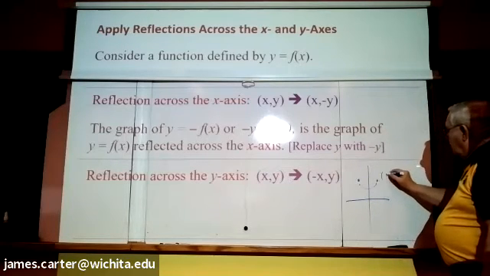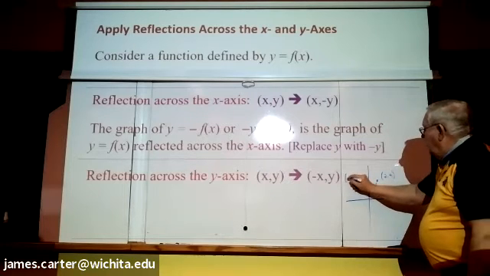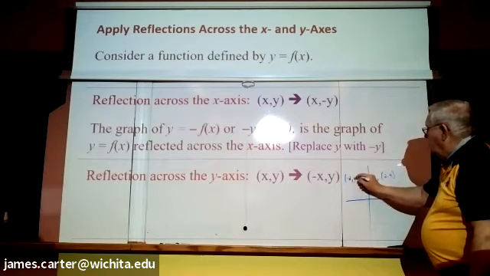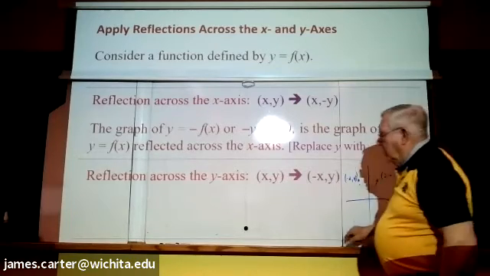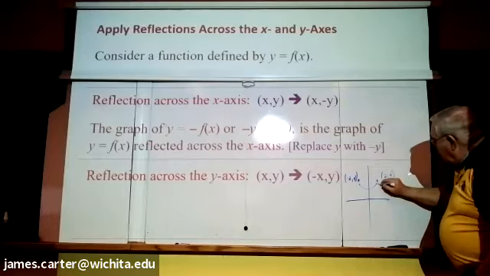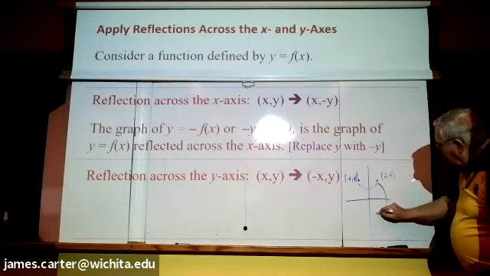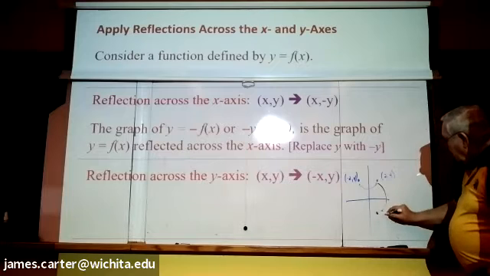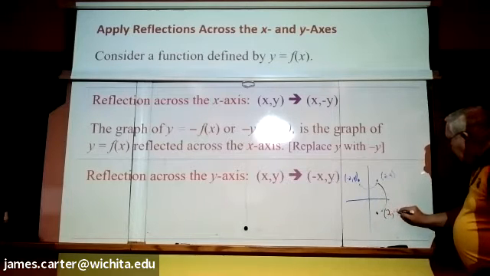If this was 2, 4, then this would be -2, 4. Now, if you take this same point and reflect it here, this point would be 2, -4.